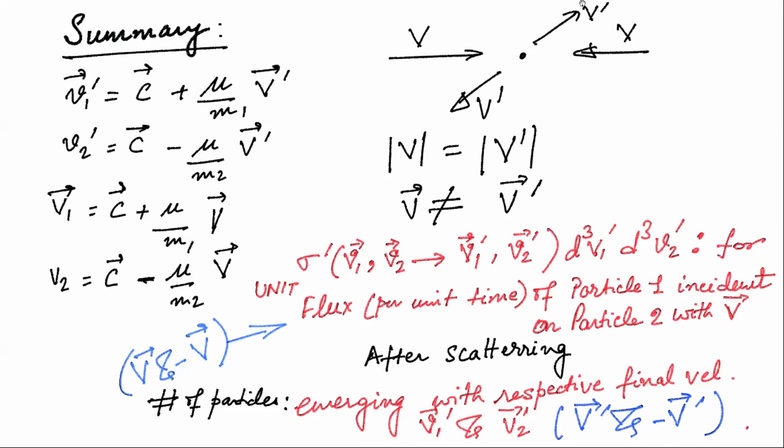And the velocity of the second particle can be written as c minus mu by m2, again V dash but with a minus sign, which means the two particles are approaching each other with velocity.